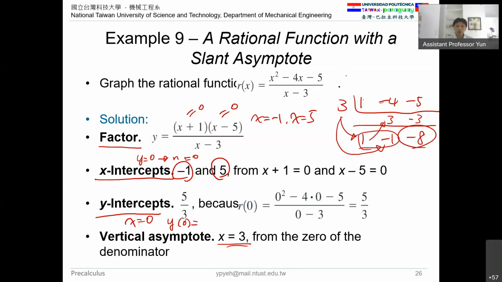So this function can be represented as x minus 1 plus the quantity -8 divided by x minus 3 here. Okay, so this is the way of doing synthetic division. Okay, so then they will form this term, right?